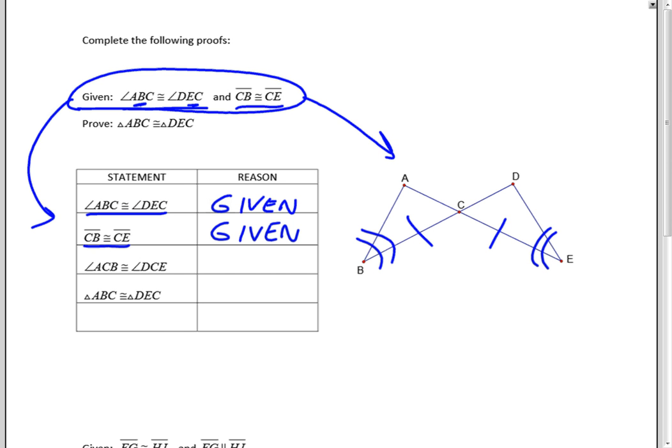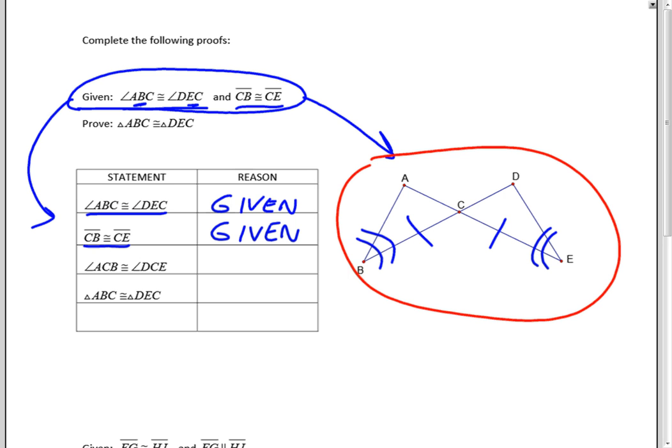Now we're going to start adding things. This is exactly what you've been doing, only we're putting it in a table form. It's no different. If you were just looking at this drawing and ignoring all of this behind me, what would you add to the drawing? Vertical angles.